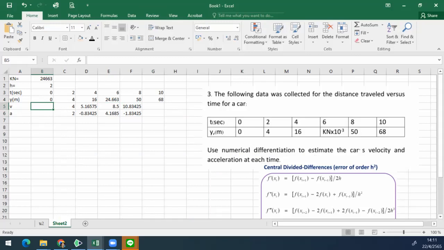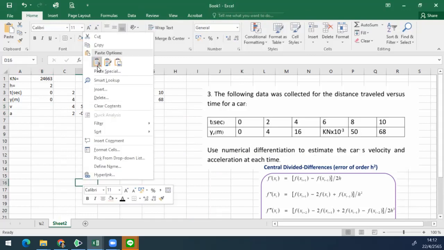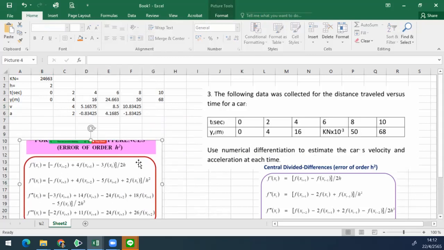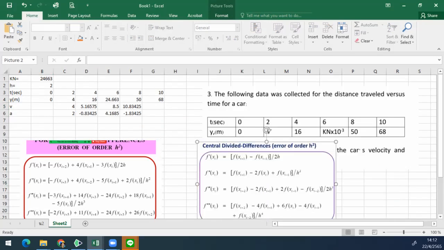So we should apply the forward difference with high accuracy, which has an error of the same order as central difference, that is the error of order h squared. So yes, we have to use a more accurate formula for forward and backward difference.